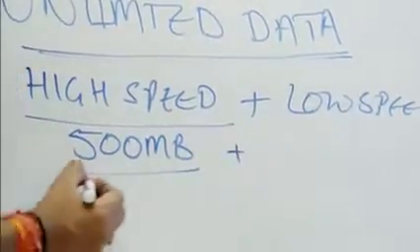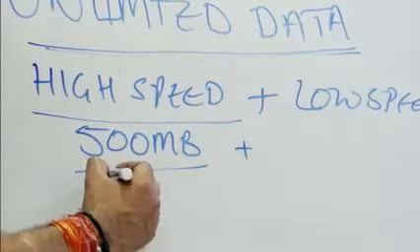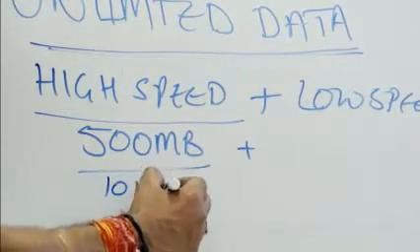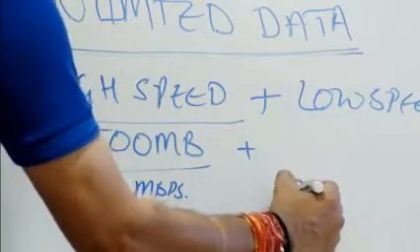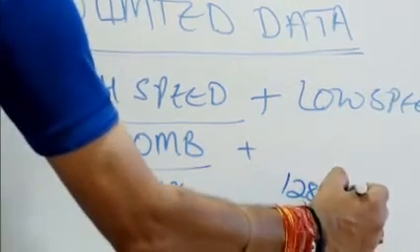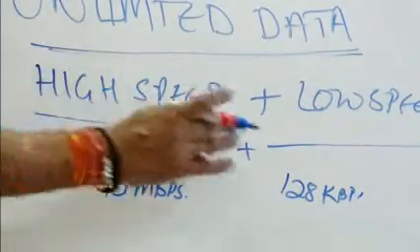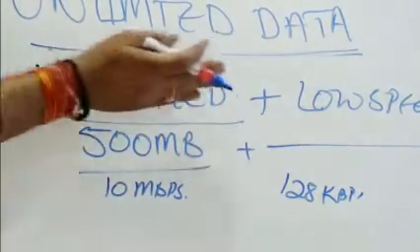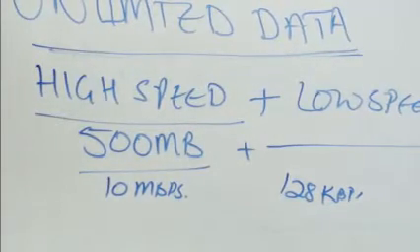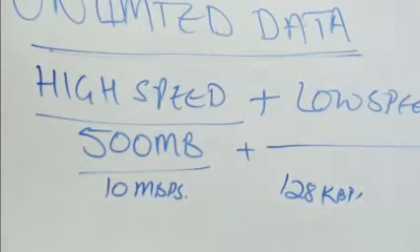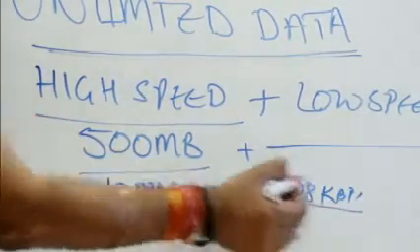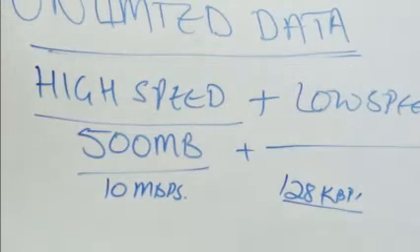For this 500 MB, it will work maybe up to 10 Mbps, but after this, it will work at about 128 kbps and it will keep on going. But you will not be charged from the main account. So it is as if light has gone and then your inverter is working. With the inverter, certain equipment will work, but your AC, your major equipment, will not work. So the speed is slow, but your main account is not being charged.